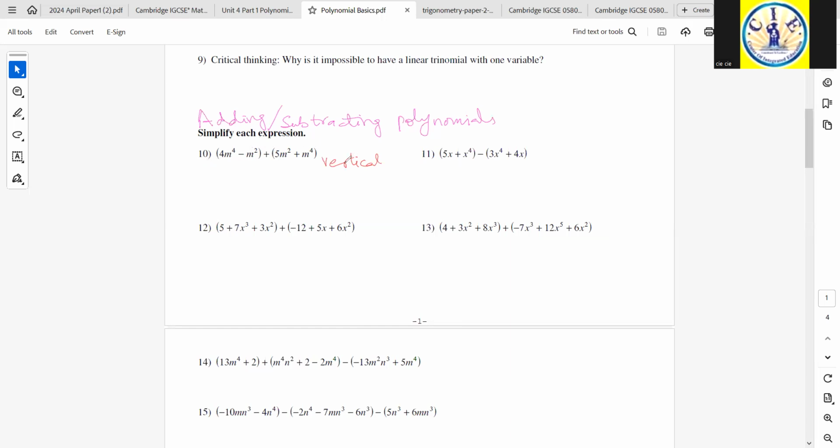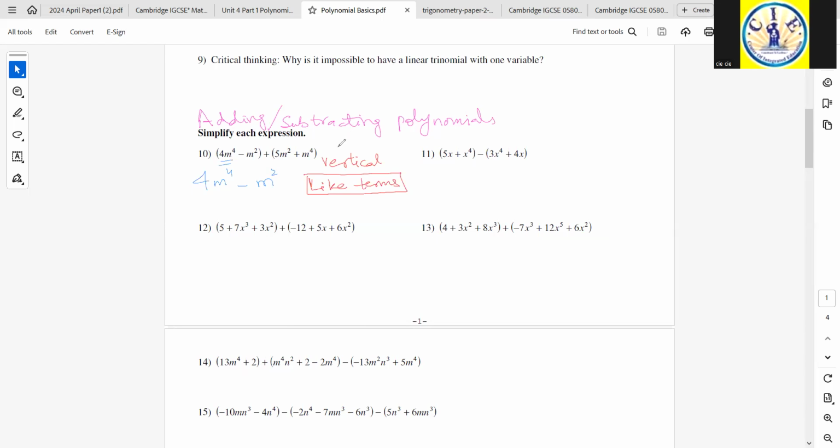The main thing that we need to care about is that like terms can be added or subtracted. Like terms are the terms which have got the same degree, which have got the same power of the variable. Now writing them down like this, we see this is 4m raised to the power 4, then minus m square.